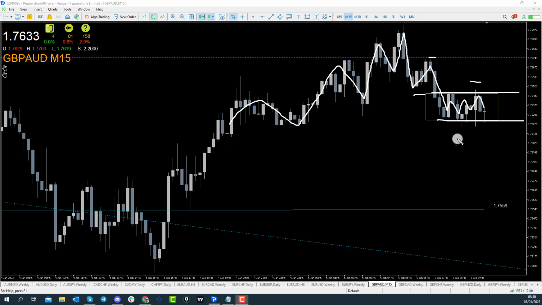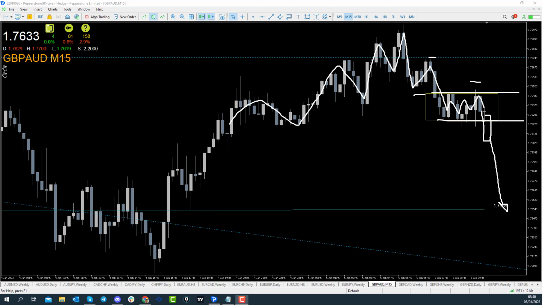So from a day trading perspective, what I would want to see is price trade out of this consolidation, which would give me the opportunity to then look for those moves to the downside and look for a higher reward to risk trade.